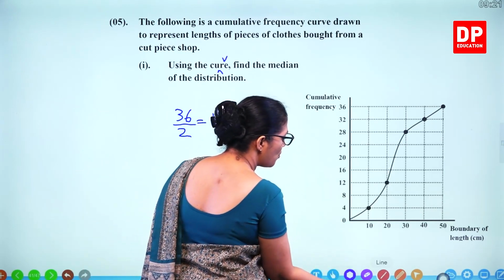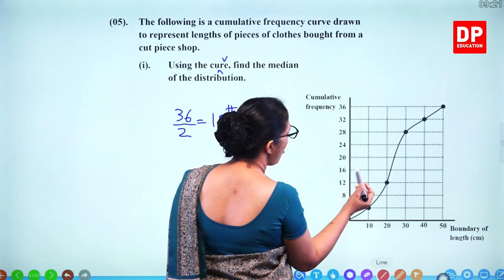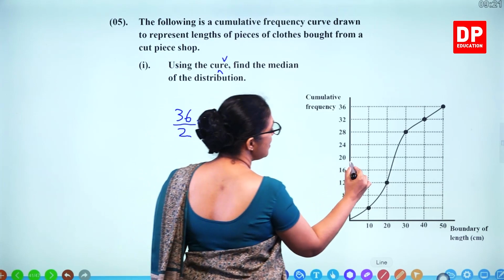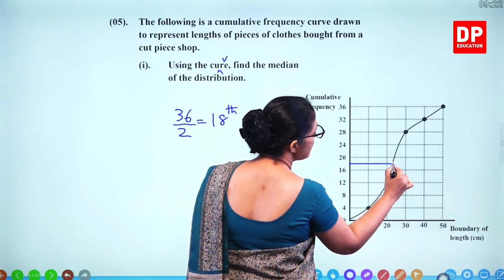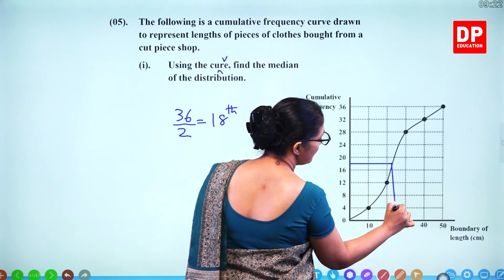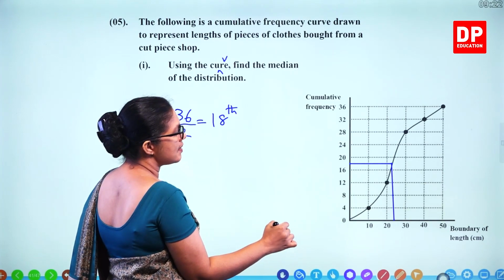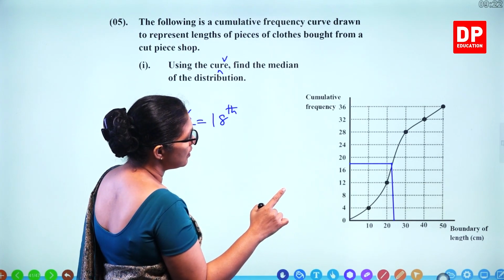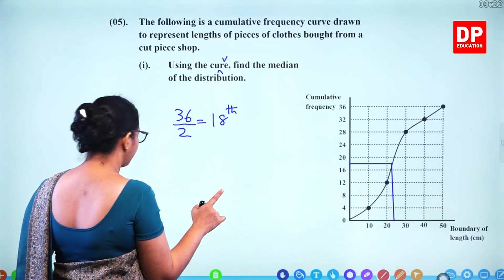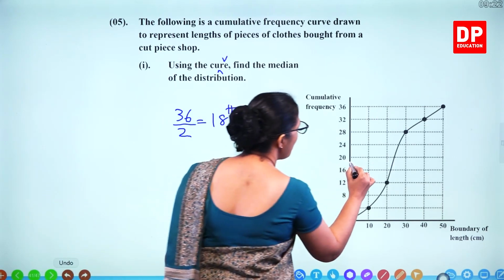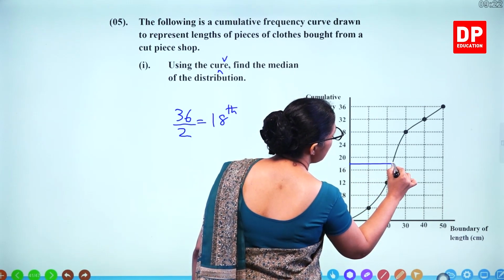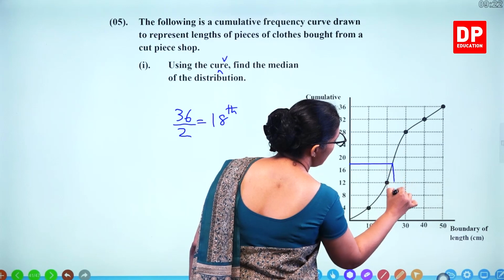So, take the ruler and draw a line along 18. So, in between. And see, you have to refer this value. So, this is like not half. We'll draw it properly. So, this is 18 and we'll draw it.